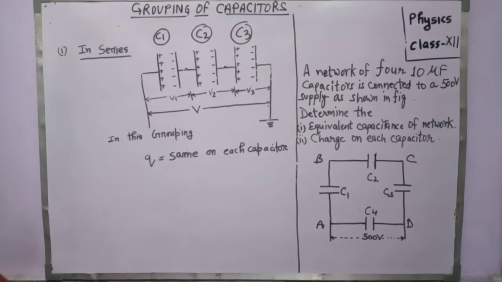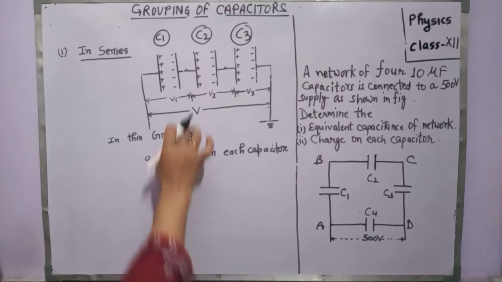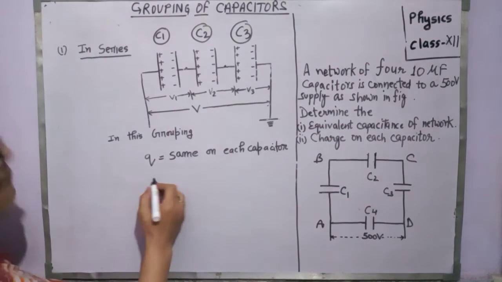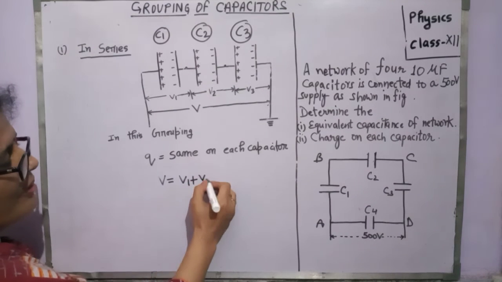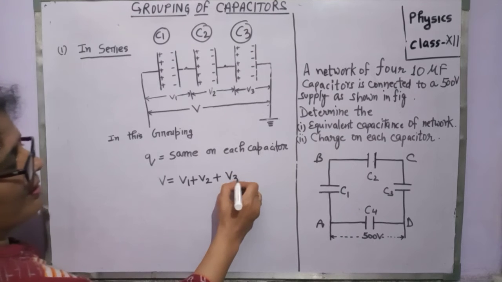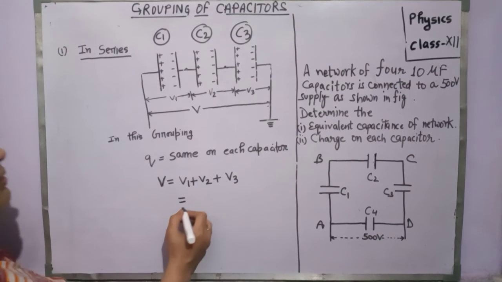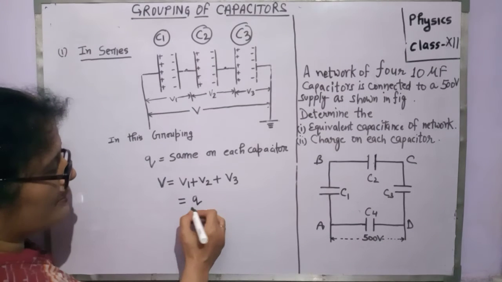As we know that potential is a scalar quantity, V must be equal to V1 plus V2 plus V3. Now you can write V1 in terms of Q and C1, that means Q upon C1.